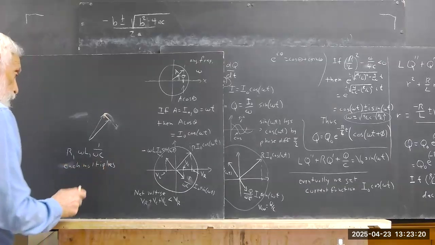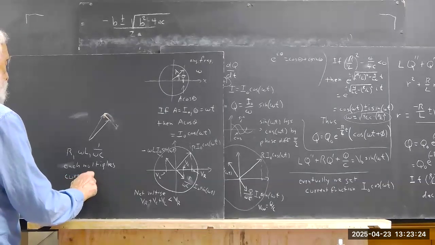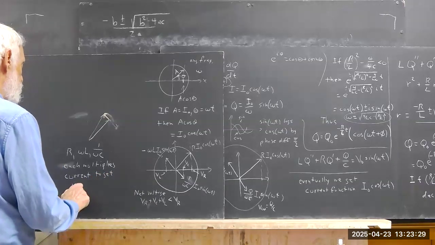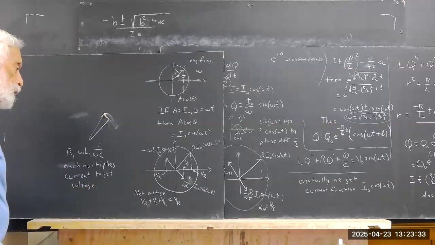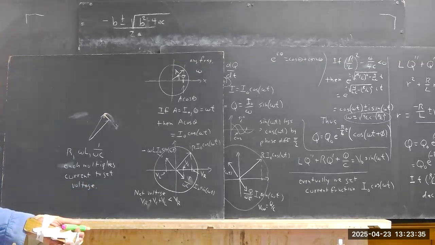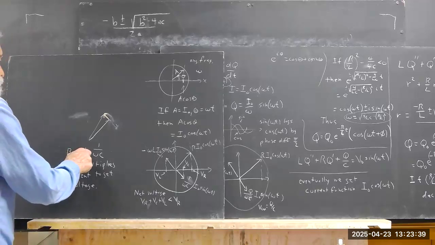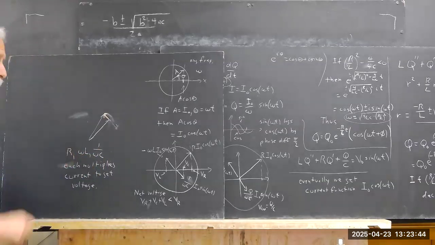Each of these multiplies current and voltage. But you don't call this a resistance and you don't call this a resistance because this is a resistance.